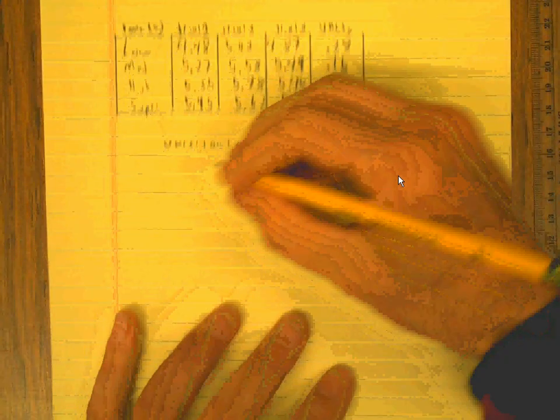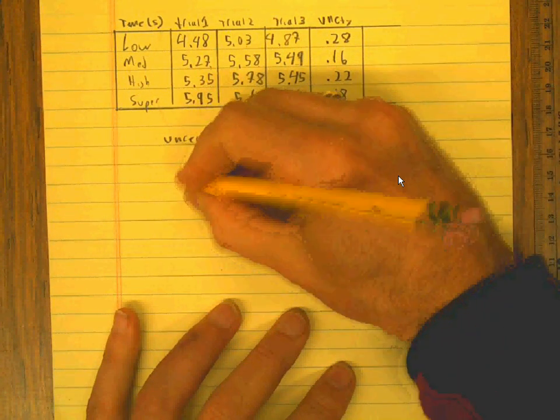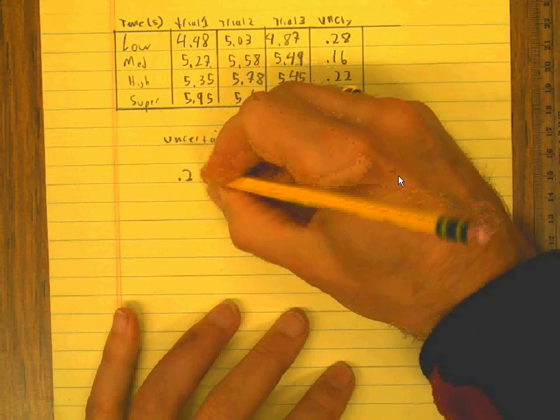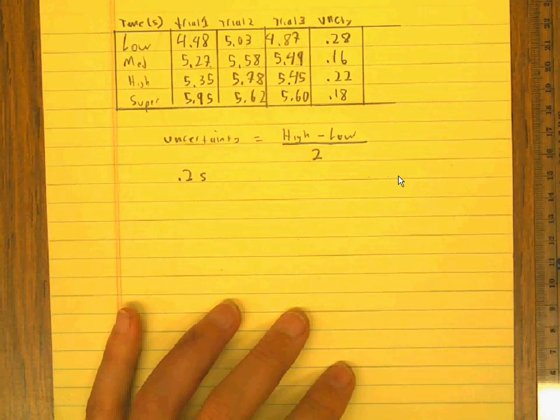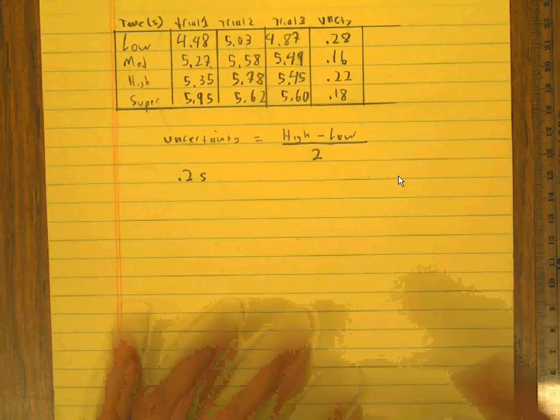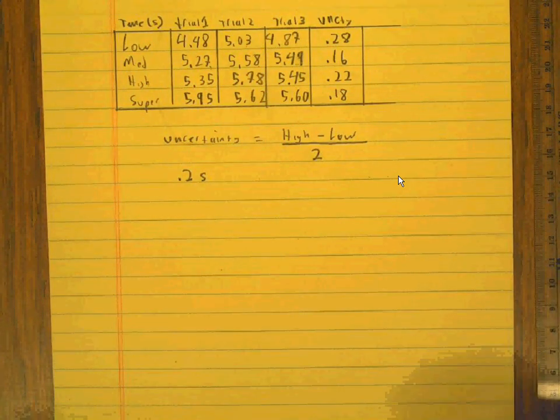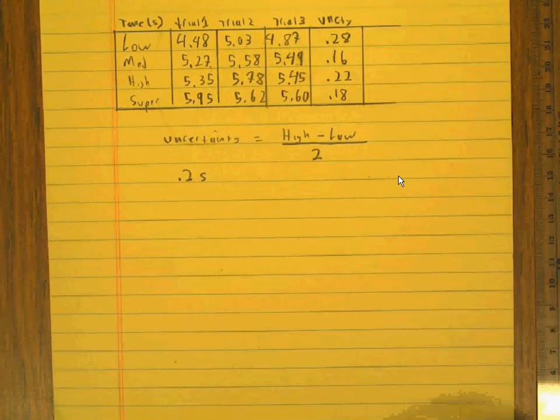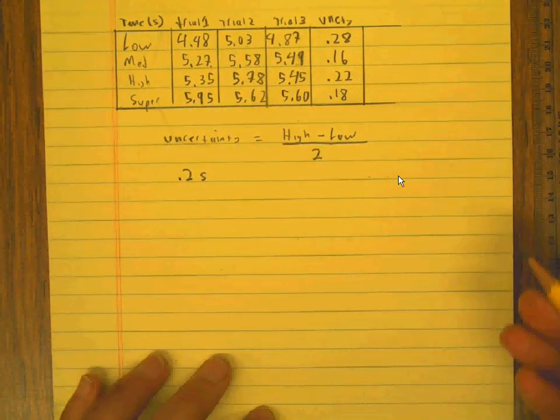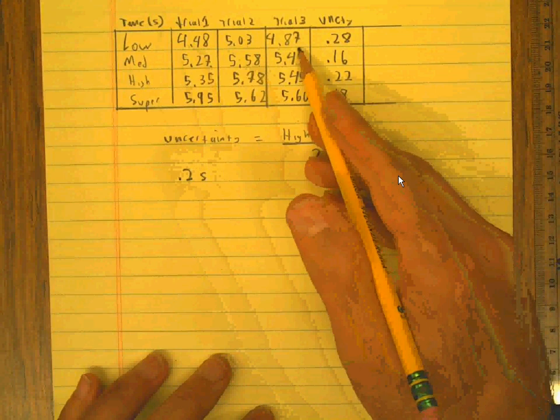It might be good in our calculations if we have a reaction time. So let's just guess that my reaction time is like 0.2 of a second. It's actually probably shorter than that, maybe 0.14 or something like that, but 0.2 is a nice even number, so I'm going to go with that. Let's do it for the low.